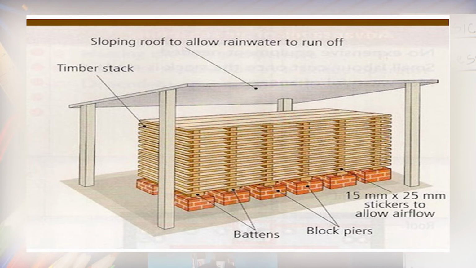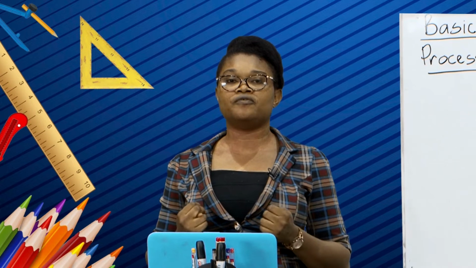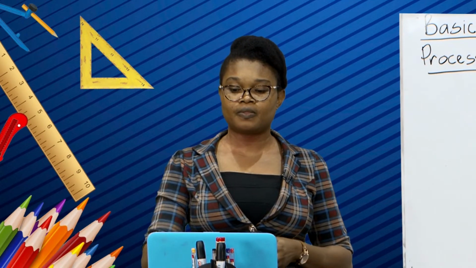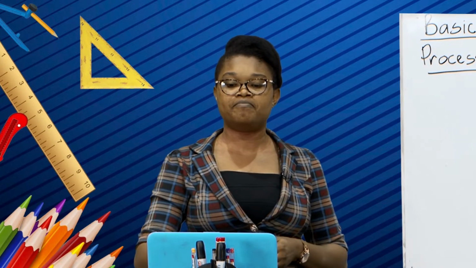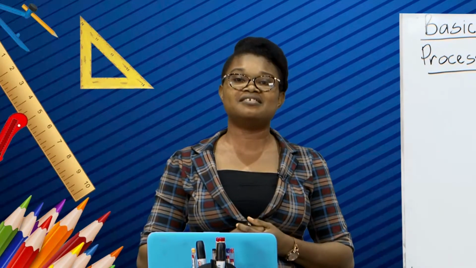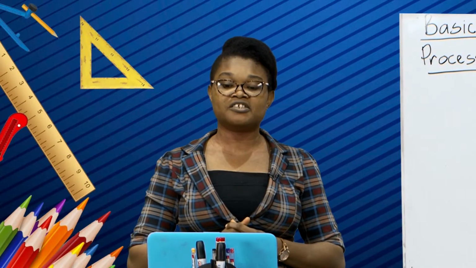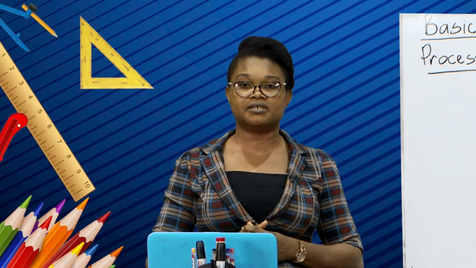The reason being that whenever there is rainfall, it will slope down along the roof, and it prevents the rainfall from getting to the wood and also prevents too much heat from the sunshine from reaching the wood. We also have battens. These battens are like supports to the stacks of wood, as well as the block piers.